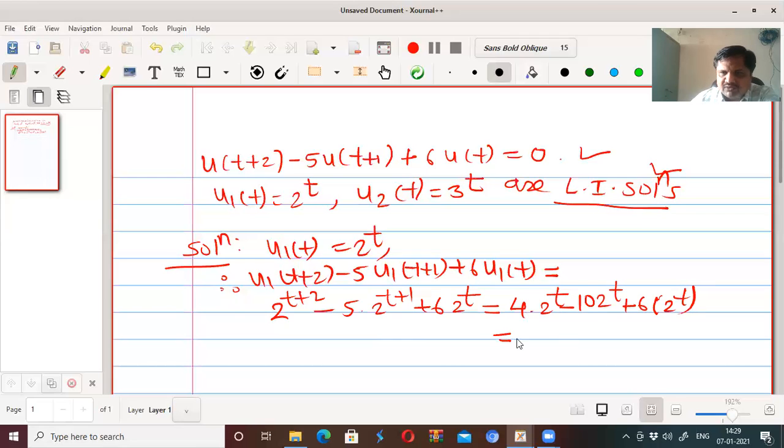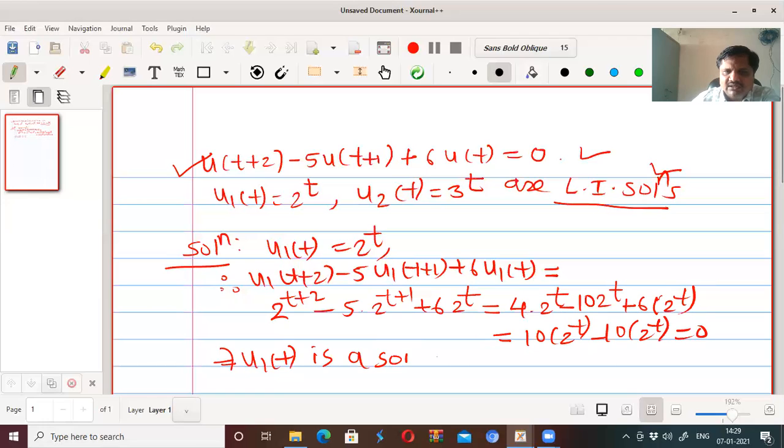So 6 plus 4, 10 times 2 to the power t minus 10 times 2 to the power t equal to 0. Thus u1 of t satisfies this equation and therefore u1 of t is a solution of the given equation.